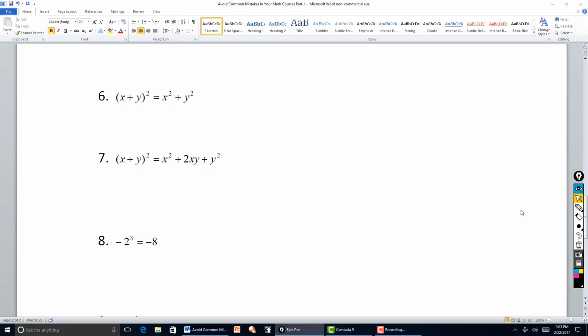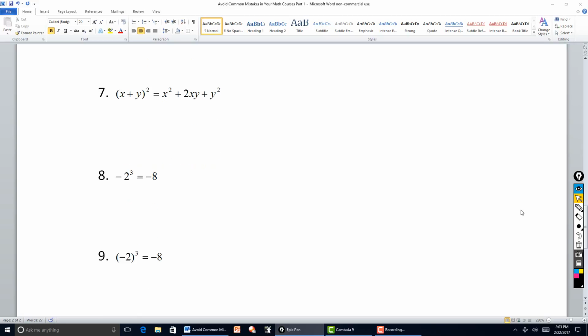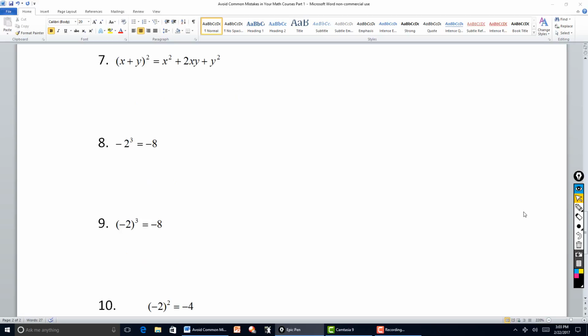It's a true statement. Before I go to the details of that one, let me go to the next one. Negative 2 to the third in parentheses there. In this case, I have the negative 2 in parentheses to the third. Is that negative 8? And the answer is yes. So those are true statements. Then we'll go over these in a minute.